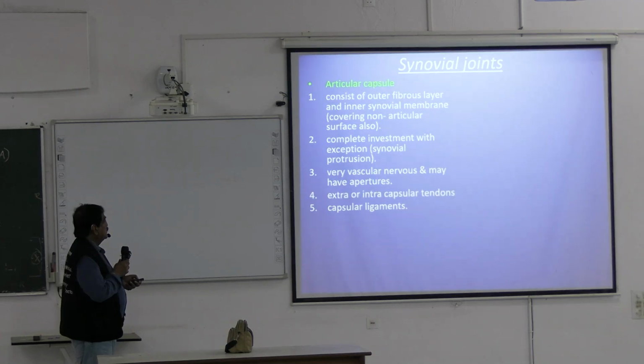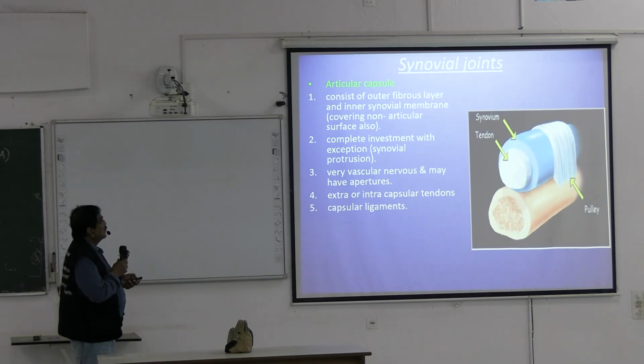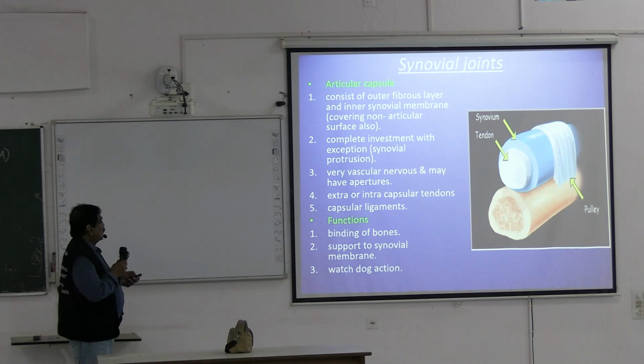Capsular ligament, extra or intracapsular tendons. See the synovium and the tendon, and it acts as a pulley. Functions: binding of bones, support to synovial membrane, watchdog action.